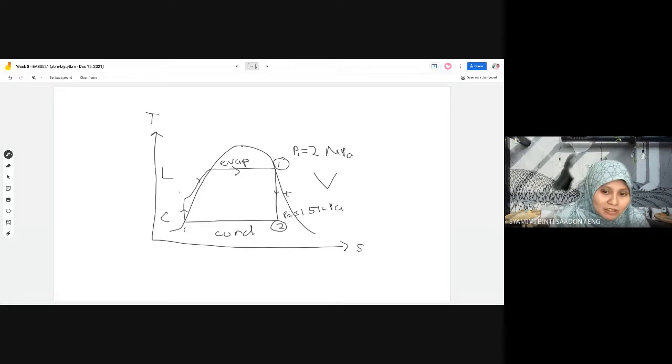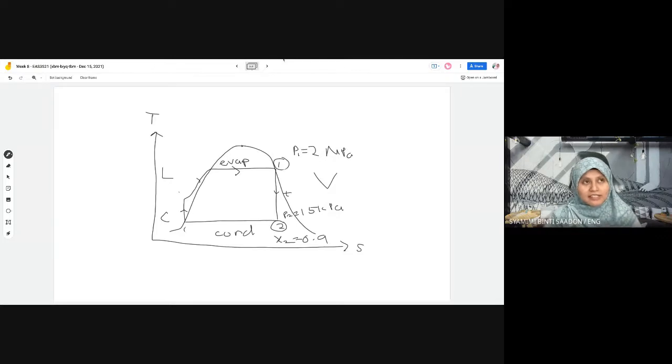T2 is not mentioned. X2 is 90%, the quality of the vapor. The fluid at point 2 is 90%, or 0.9 quality.